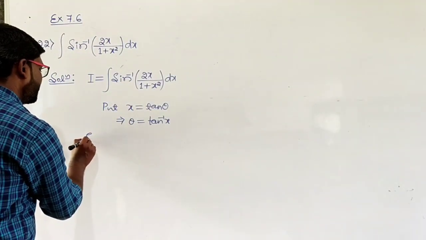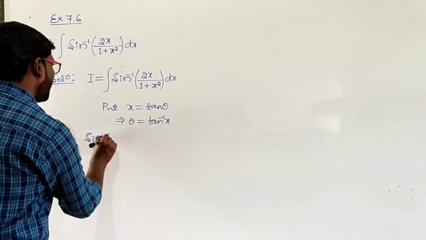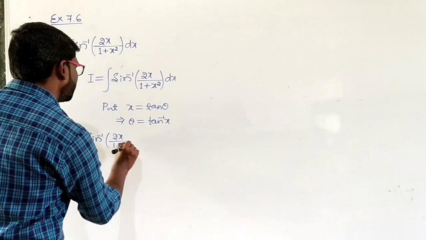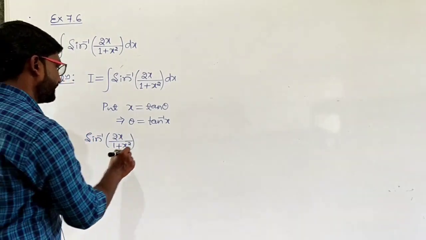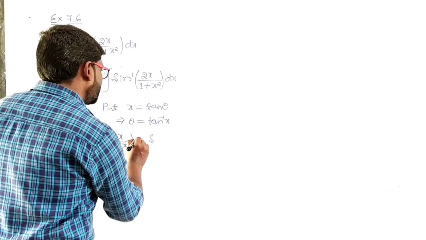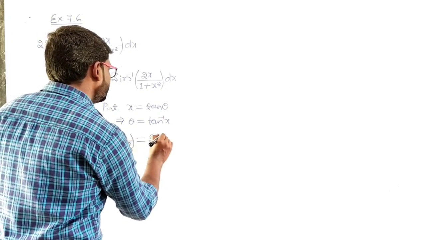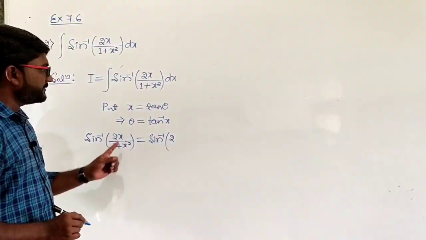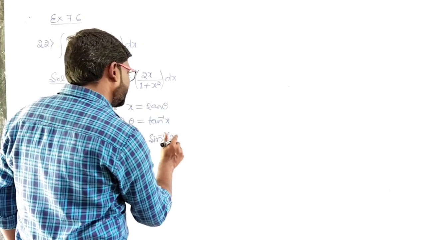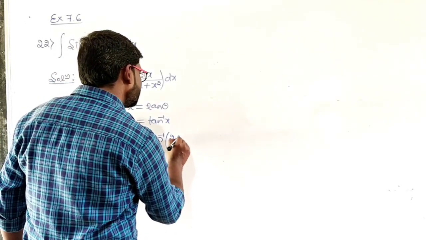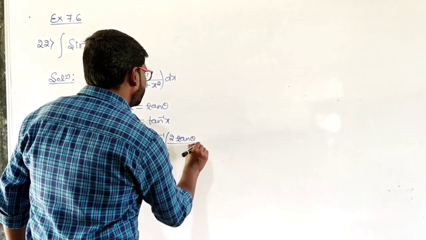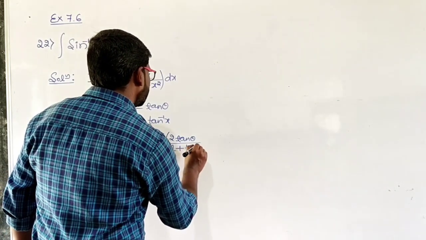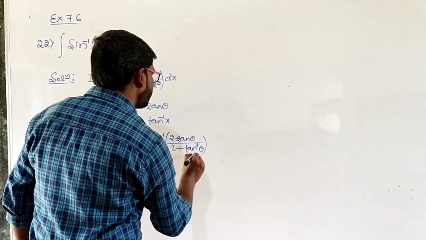See here, sin inverse 2x divided by 1 plus x square, which is equal to sin inverse 2 tan theta divided by 1 plus tan square theta.